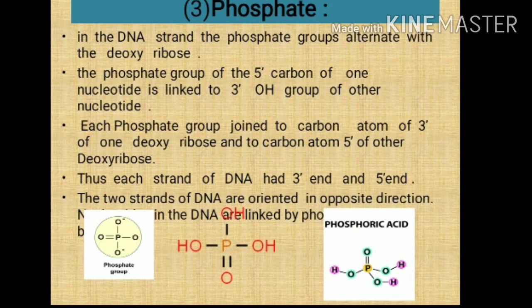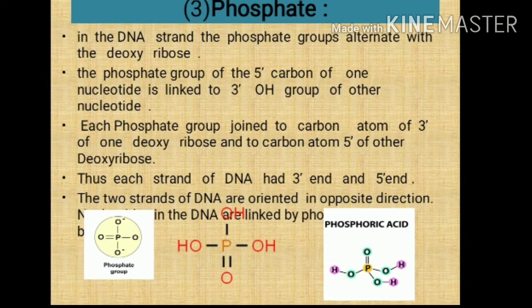The phosphate group at the 5' carbon of one nucleotide is linked to the 3' hydroxy group of the other deoxyribonucleotide. Phosphate joins the carbon of the 3' hydroxy of one deoxyribose to the carbon of the 5' of the other deoxyribose.